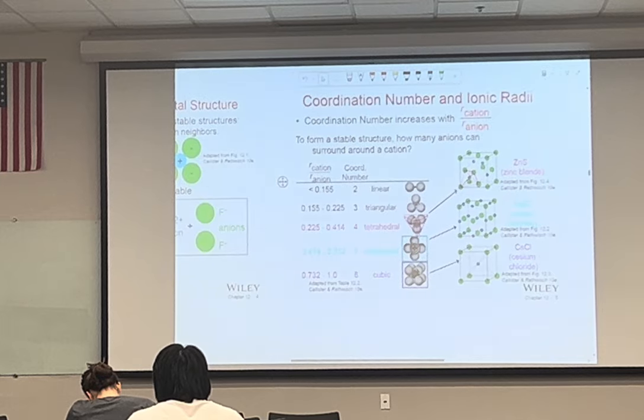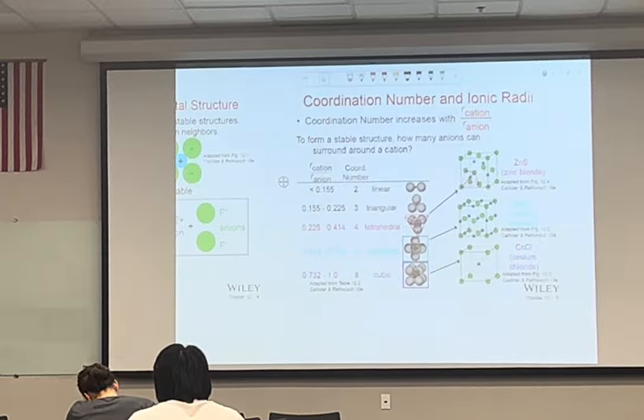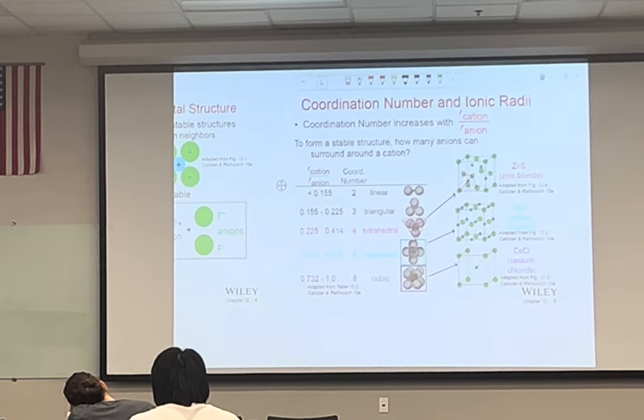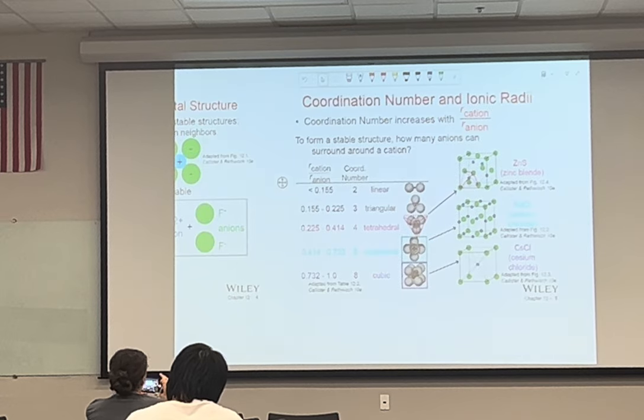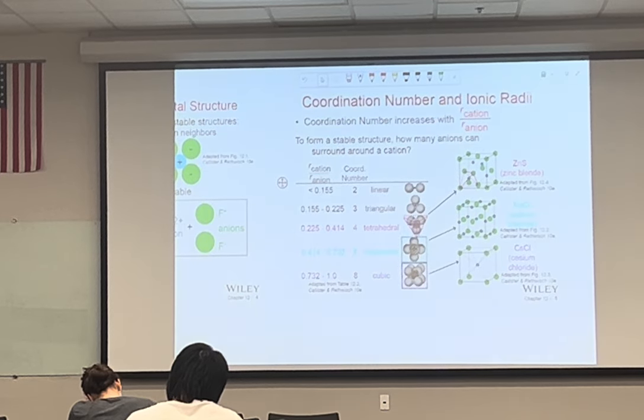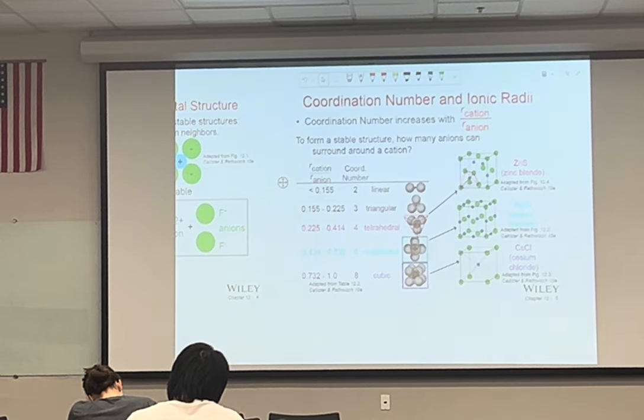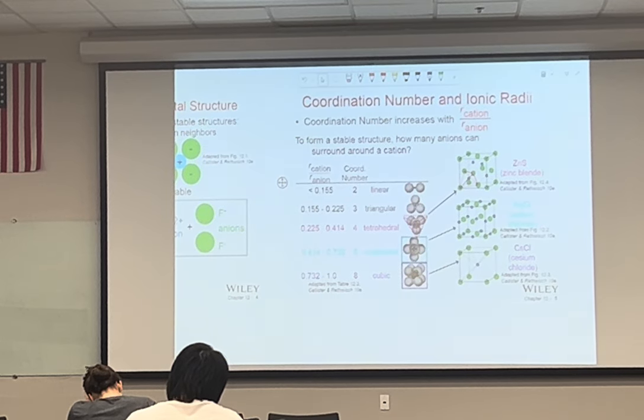There is another important thing, which is the ratio of the radius of the cation to the radius of the anion. That ratio can tell us a lot of things. This table here shows the relationship between the structure, coordination number, and that ratio. If that ratio is very small, below 0.155, you're going to have a linear structure in which the coordination number is 2.